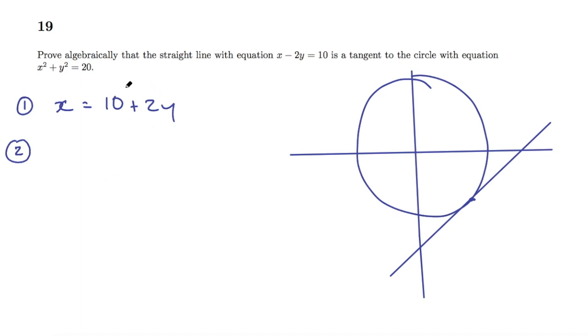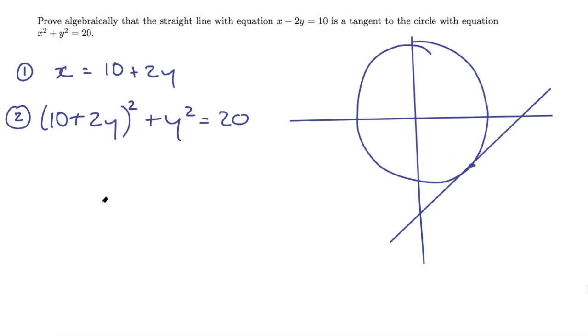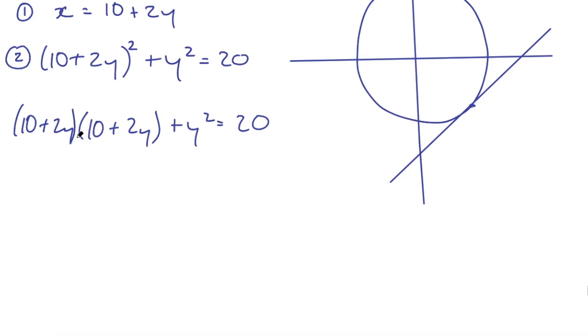So taking this value for x and substituting it into this equation, I get (10 plus 2y) squared plus y squared equals 20. And then what I can do is to solve this for y. So the first thing I need to do is to expand these brackets. So I get (10 plus 2y) multiplied by (10 plus 2y) plus y squared equals 20. And then expand them using FOIL.